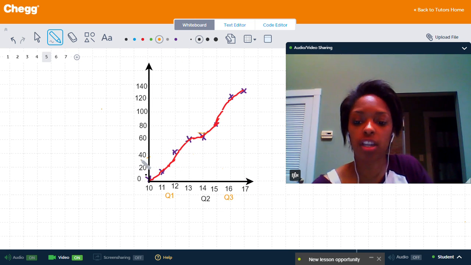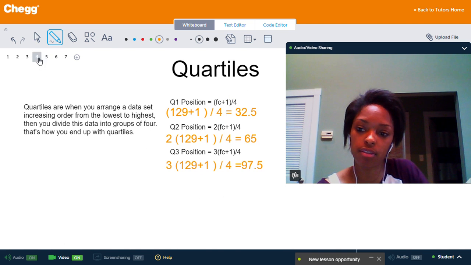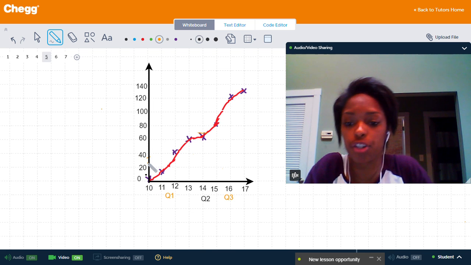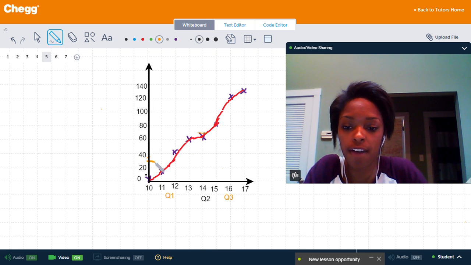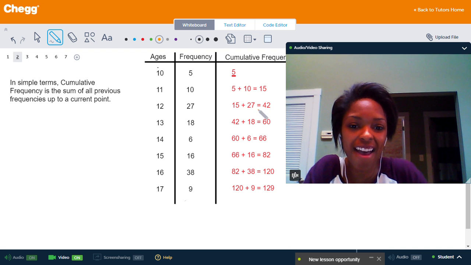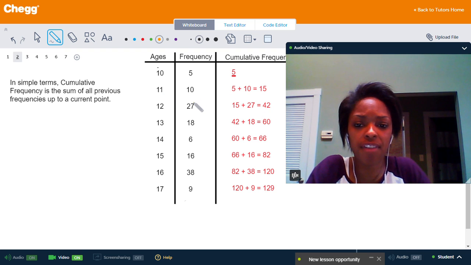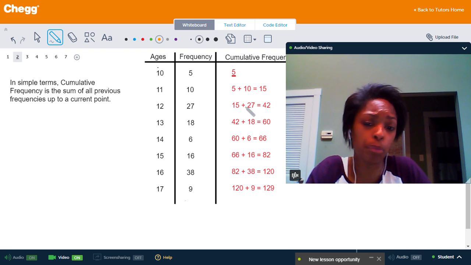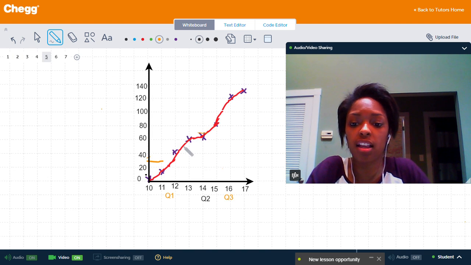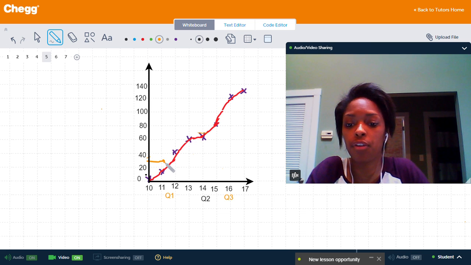For the first one I had 32.5, and you're going to start at 32.5, but then you're going to have to see where you have to come down. Not too far. So 32.5 falls at about 11.5. So you're going to draw a line in between 11 and 12. Come down right there.